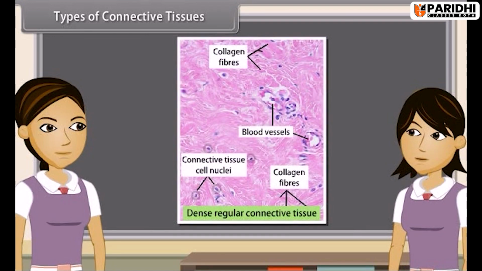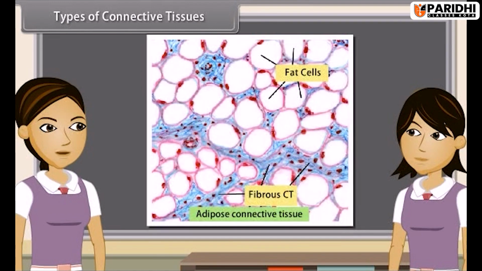Dense regular connective tissue has orderly and densely packed fibers and cells. Dense regular connective tissue is a main component of tendons and ligaments. Adipose connective tissue is basically an aggregation of fat cells, also known as adipocytes.